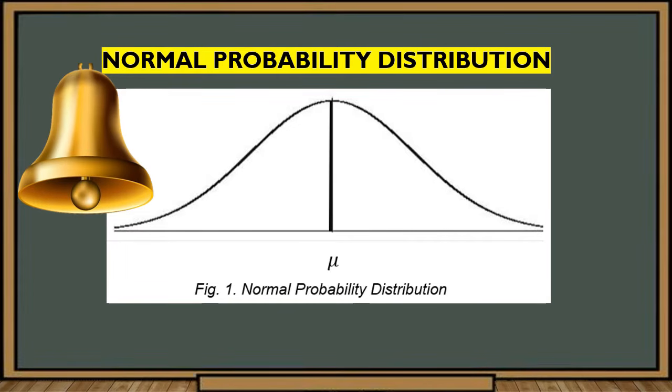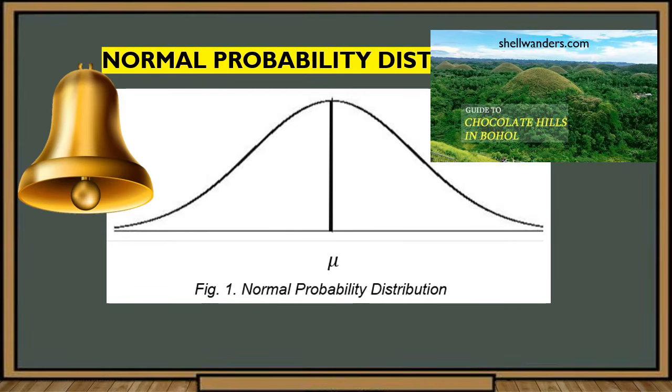This is also called normal curve or bell curve. And we can also compare it to the shape of the chocolate hills in Bohol. Parang ano rin siya, chocolate hills. So this is the graphical representation. This is how we graph the data under the normal probability distribution.